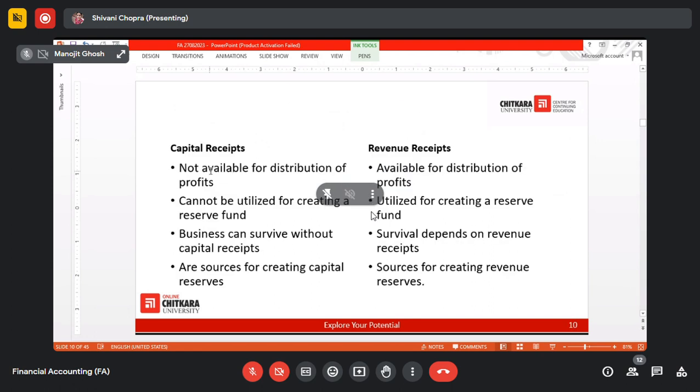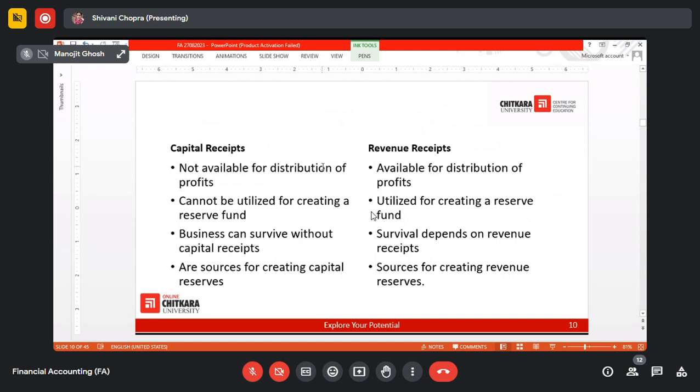So let's have a look at how we distinguish between revenue receipts and capital receipts. The simplest form of revenue receipts is the receipts that the business is receiving because of its core business activities. If the business is into the trading of cloth or any sort of commodity, then whatever sale receipts the business has because of that trading activity are revenue receipts.